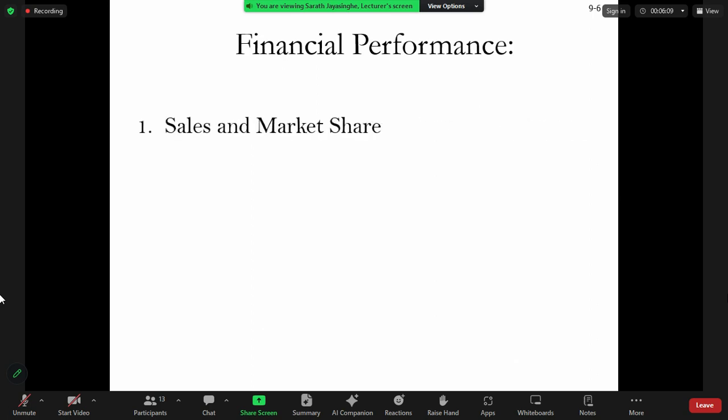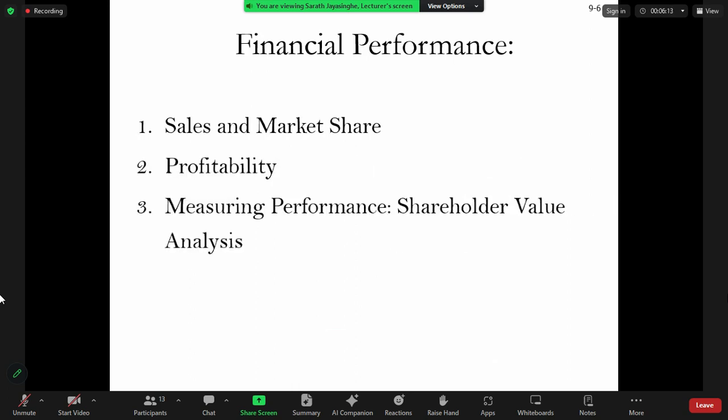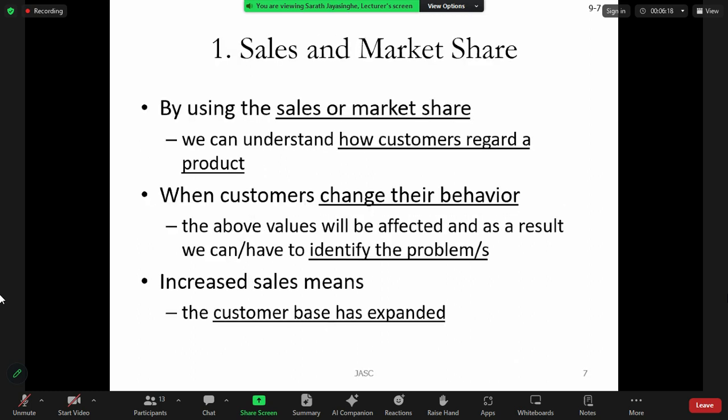So first, sales and market share, profitability, measuring performance, shareholder value analysis. If you take the first term, sales and market share, by using sales or market share we can understand how customers regard the product, right? If you respect the product, if you like the product, you come again and purchase it, then your market share increases.